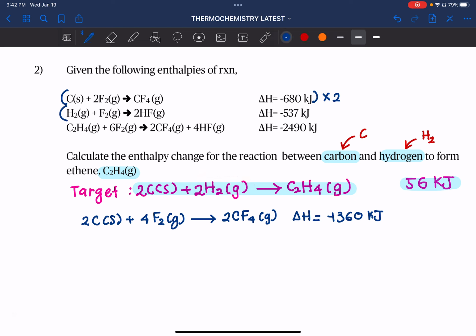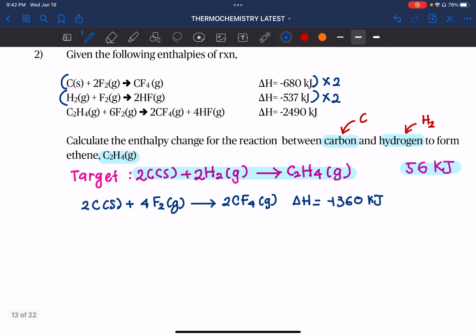Dekat equation kedua ada hydrogen. We need 2 mole of hydrogen gas. Therefore, we times with 2. Okay, so dia akan jadi 2H2 plus 2F2 gas equals to 4HF. So, delta H dia adalah darab dengan 2 juga. So, you should get negative 1074 kilojoule.